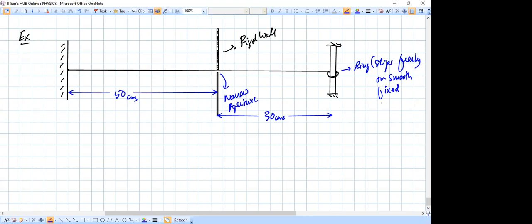So all that is standard. All right, and also the tension in the string is known to us. Let us say it is this time 4,000 newtons, and the linear mass density is, let us say, 1 gram per centimeter.